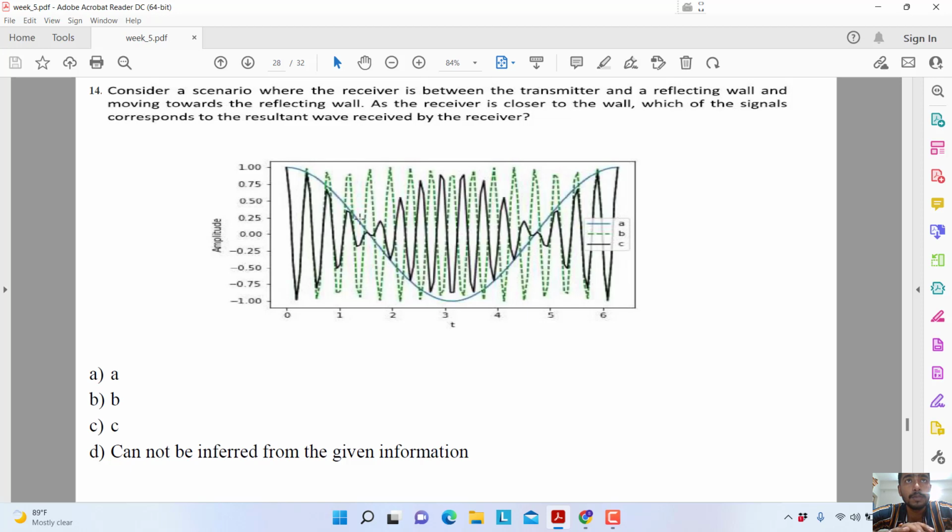There are three types of output given. The X-axis represents the time, and the Y-axis represents the amplitude.